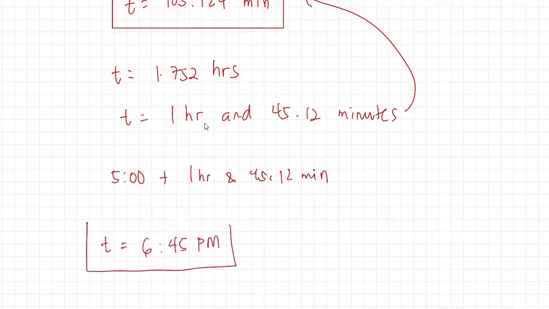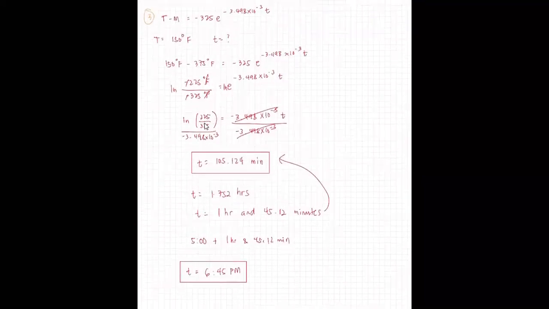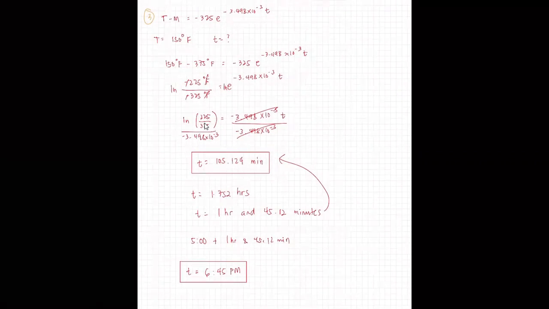So, at 6:45 p.m., it means our roast is at 150 degrees Fahrenheit. Okay? Question for problem number 1. Okay? I hope it's really clear to everyone, no?